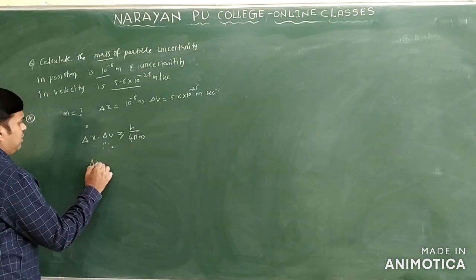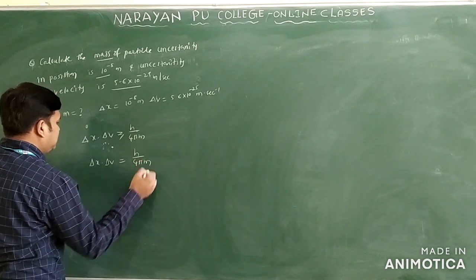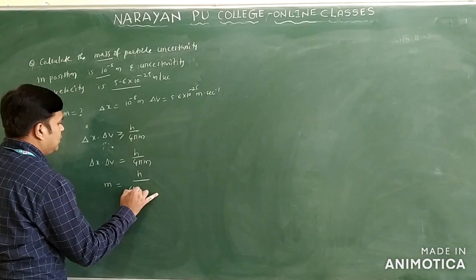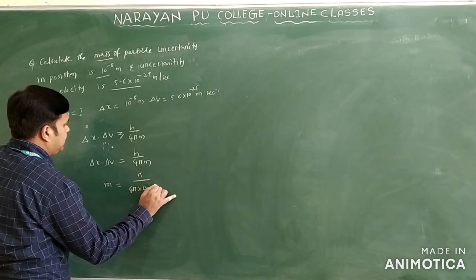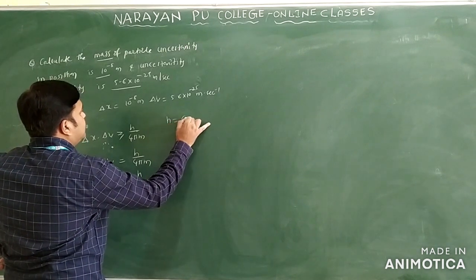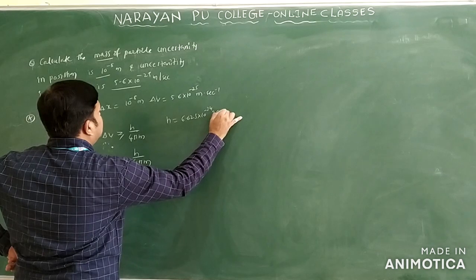From the problem, we can write h by 4 pi m. So m is equal to h by 4 pi into delta x into delta v. H is Planck's constant, which you know: 6.625 into 10 power minus 34 joule second.